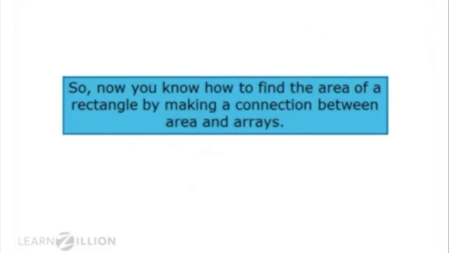So now you know how to find the area of a rectangle by making a connection between area and arrays. So that's pretty cool and easy. We can find the area of a larger rectangle by simply breaking it into 2 smaller rectangles. Just like we did when we were solving multiplication calculations like, remember, 6 times 7?